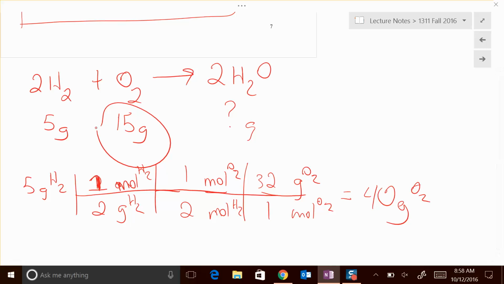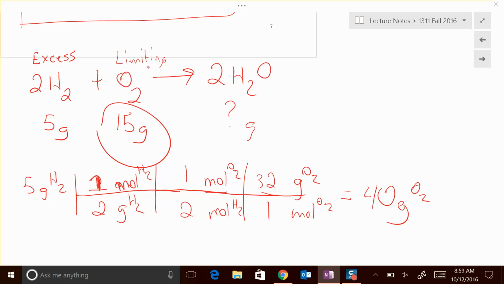So what does that tell me about hydrogen? Is it going to be an excess, or is it going to be the limiting reagent? Excess. Okay? Because I would need 40 grams of oxygen to make a perfect reaction with 5 grams of hydrogen. I don't have that much oxygen, so that means my oxygen is limiting. It's going to run out first. The hydrogen is going to be in excess.